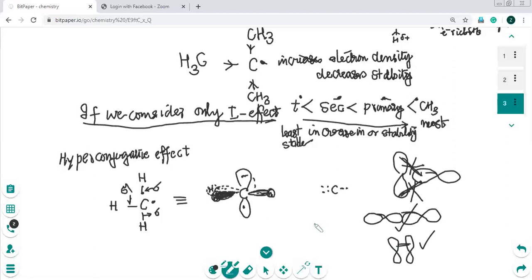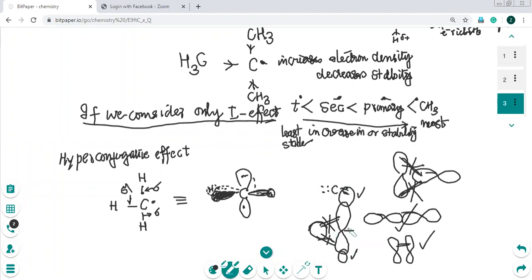Suppose I have an s orbital here and something in this direction. This interaction is not possible. In two different planes, if they have to interact, they should interact here. Interaction will never come to the node.